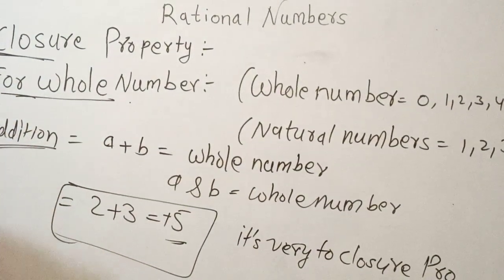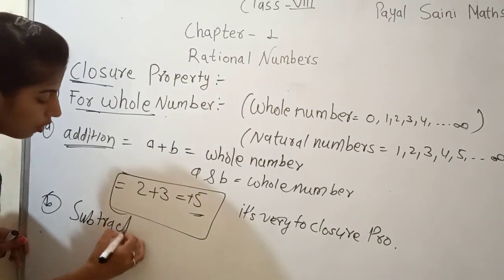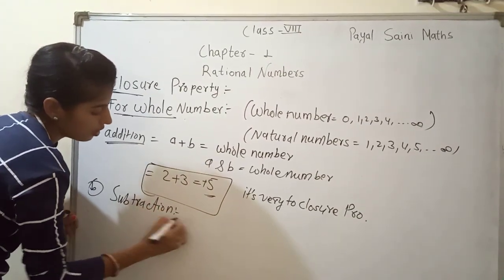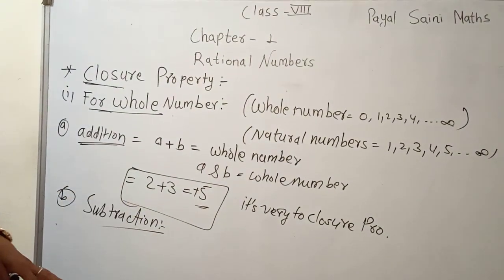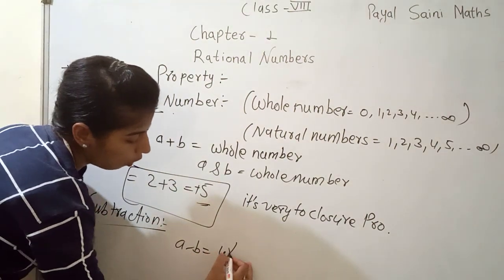Next, we start subtraction. Does it verify closure property? Yes or no? A minus b should equal a whole number.